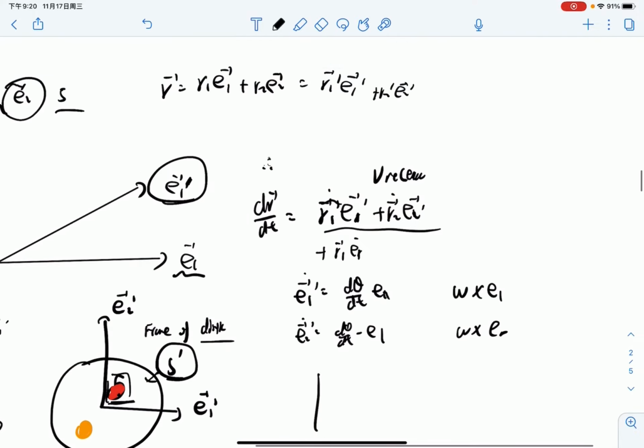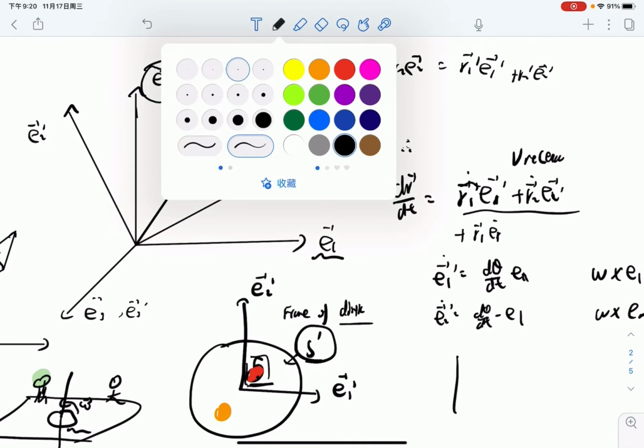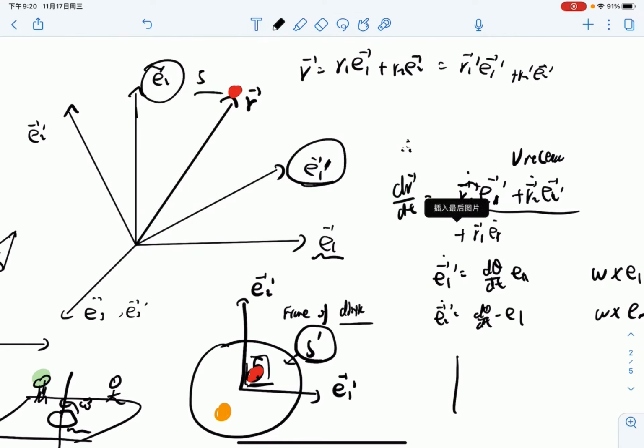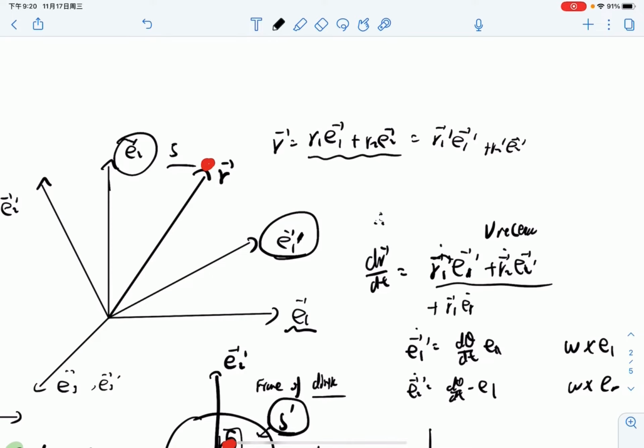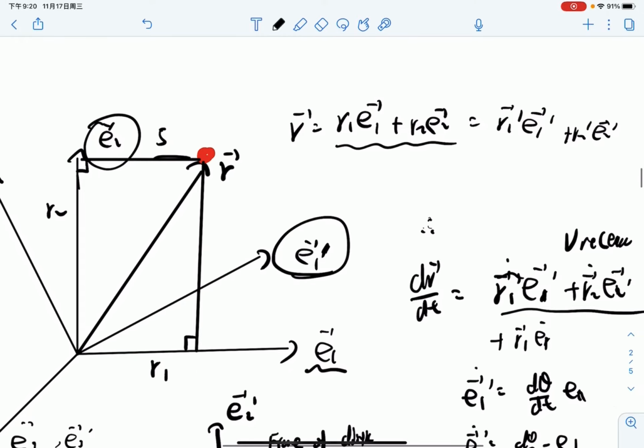Now, for a certain value of R, a location on the apple, we have two ways to describe this point. The first way is R1 and R2, which are perpendicular projections: this part is R1, and this part is R2. So basically, this is R1 E1, and this one is R2 E2.